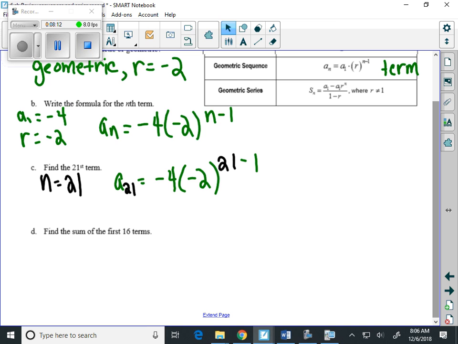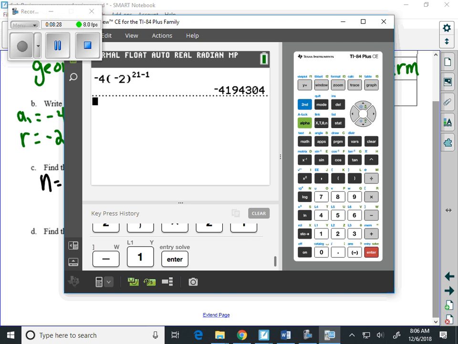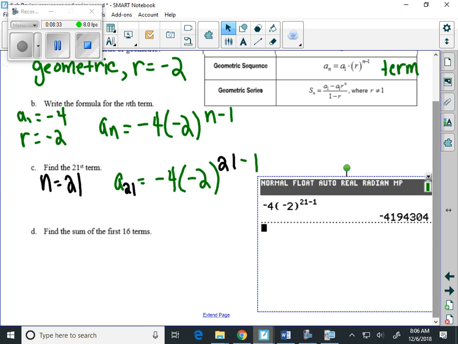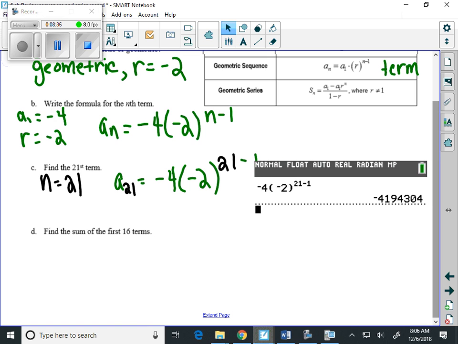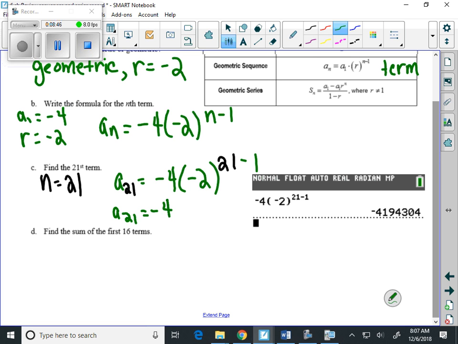So we come over here and we're going to type that in our calculator. -4 times -2, caret there gets our exponent, and then it's 21 minus 1. And I know it's a pretty big number here. That's okay. We end up with this number here. I just want to scan in the calculator here. But a sub 21 equals -4,194,304.